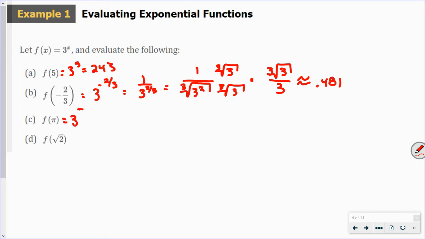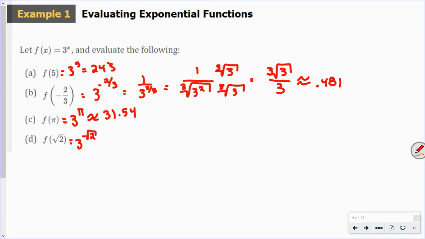Now, problems like this with a really weird irrational number, we're going to round those. So this would be 3 to the pi, and 3 to the pi is about 1.54. And then here we have 3 to the radical 2.